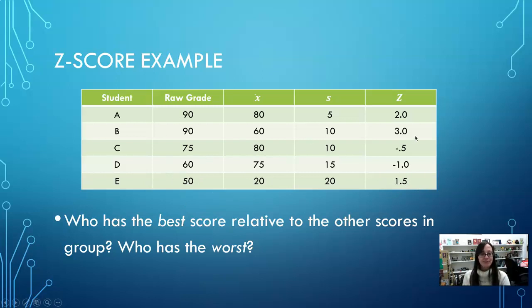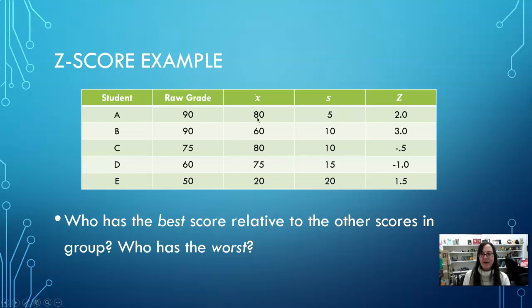So this shows you how the raw grade is not good enough on its own if you really want to know whether it was a really hard test. If the mean is 20% and you got 50%, then you did pretty well, especially if it's a really wide spread. It gives you more information than just saying you got 90%.